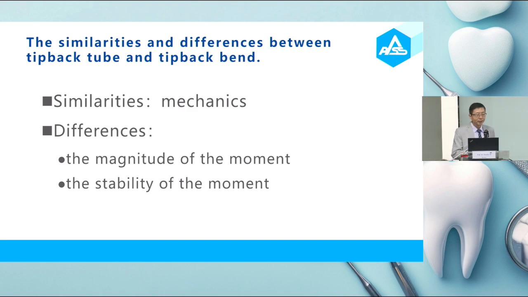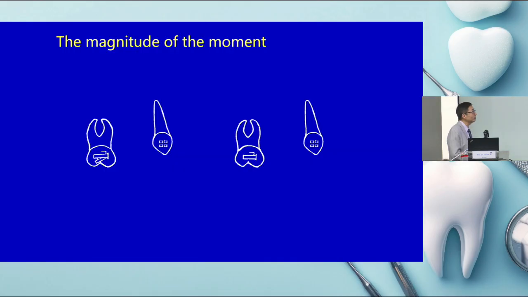Let's first look at the magnitude of the moment. Let's compare these two situations: this one with the T-PAC tube, and this one using the T-PAC band. Traditional fixed appliances use the T-PAC band, and now we use the T-PAC tube.